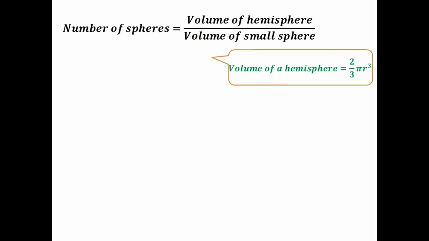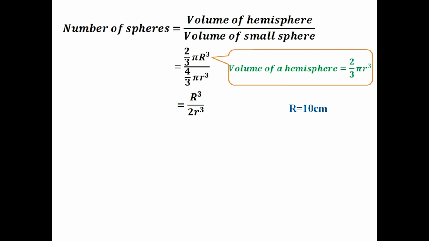Then we can write this as 2 by 3 pi R cube by 4 by 3 pi r cube. Now on both numerator and denominator we can cancel pi and 3, and 2 twos are 4. Simplifying, we will get capital R cube by 2 r cube.